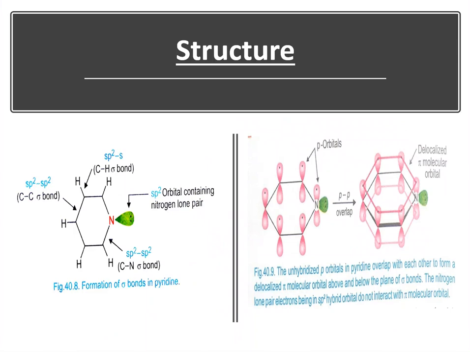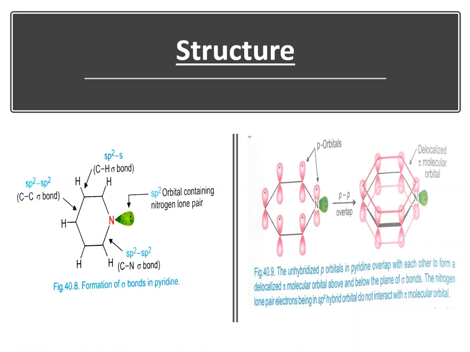Now the structure. It is a cyclic, planar, conjugated double bond system. There are sp2 hybridized orbitals which are all on the same plane.